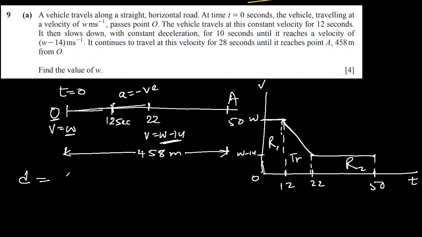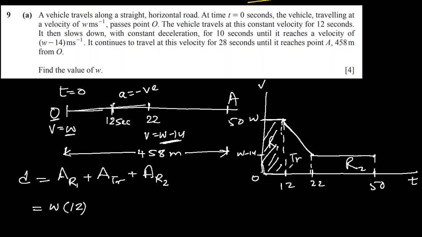So distance will be equal to the area of rectangle 1 plus area of trapezium plus area of rectangle 2. The area of a rectangle is length times width. Here the length is W, and width is 12 seconds. Done. This area is done.